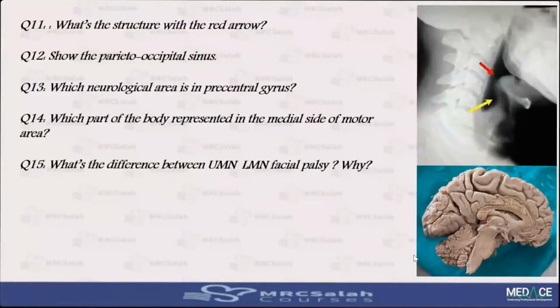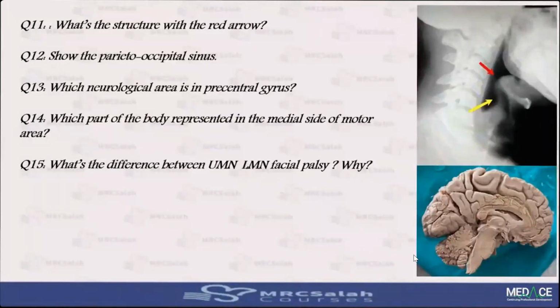In upper motor neuron facial palsy, it will affect only the contralateral lower side, while lower motor neuron will affect everything, both upper and lower, on the ipsilateral side. But why? What causes this difference?